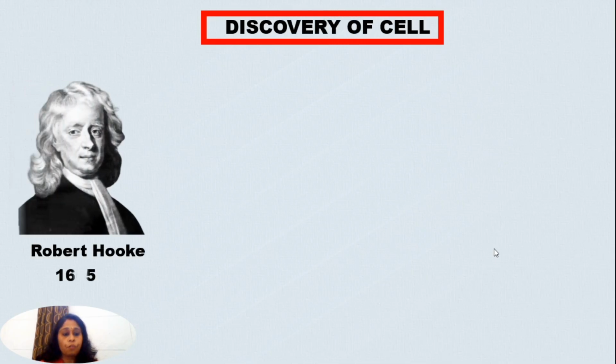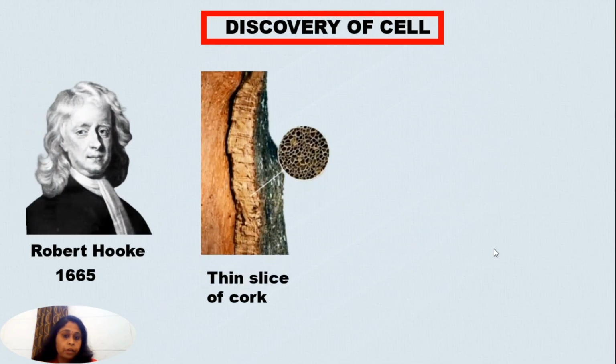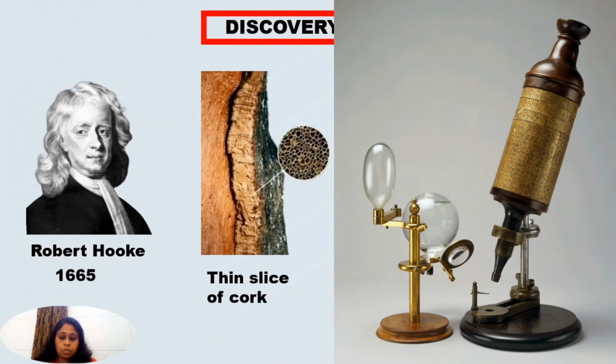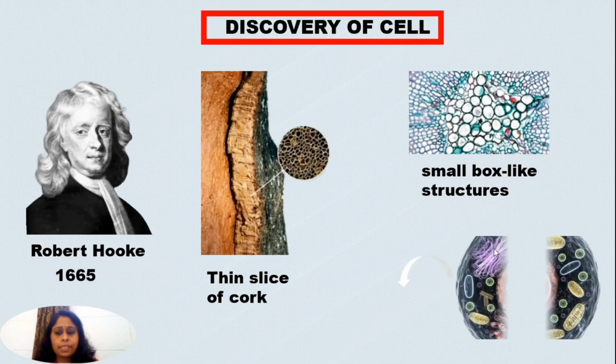Now we will talk about the discovery of the cell, or how the cell was discovered. Actually, the cell was discovered by Robert Hooke in the year 1665. He examined a thin slice of cork under a microscope. He observed many small empty box-like structures in the cork. These structures reminded him of small rooms in a monastery which were called cells.